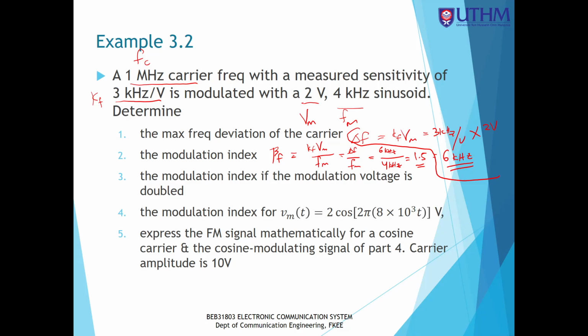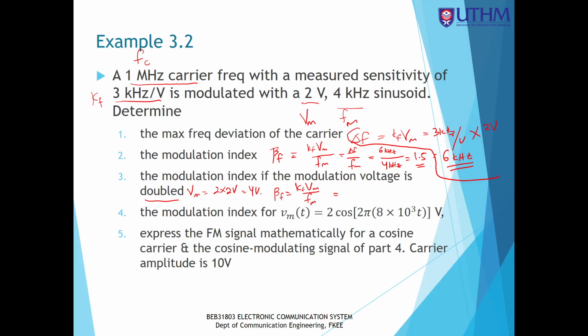And then what? Number 3, find the modulation index, beta F, if the modulation voltage is doubled. So that means the modulation voltage from 2 volt becomes 4 volt. Okay, so VM is equal to 2 times 2 volt, so it becomes 4 volt. Now the modulation index beta F is equal to KF VM over FM.